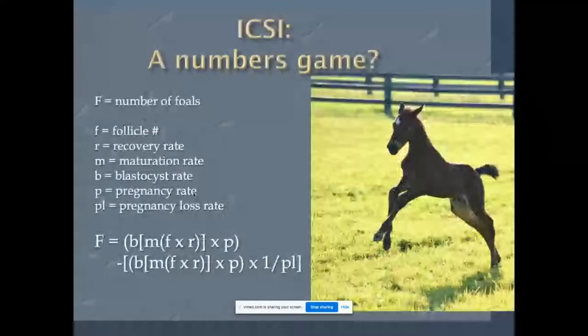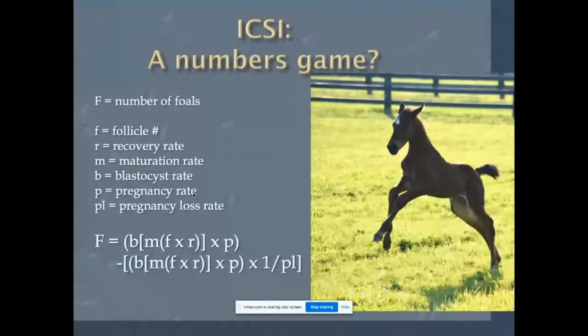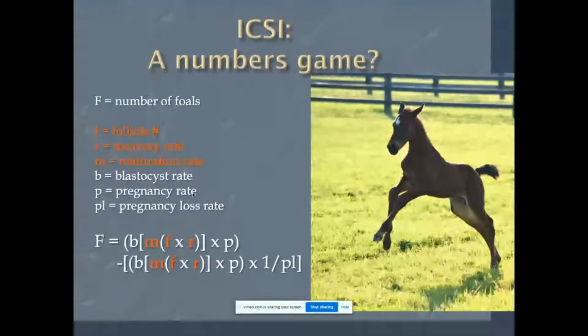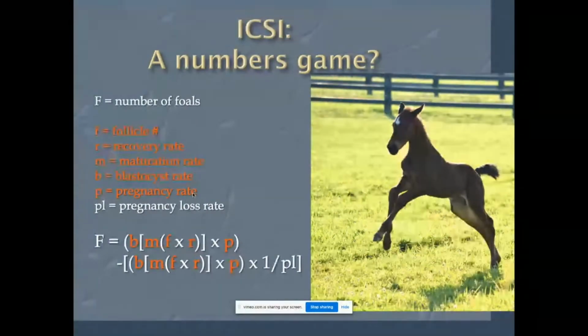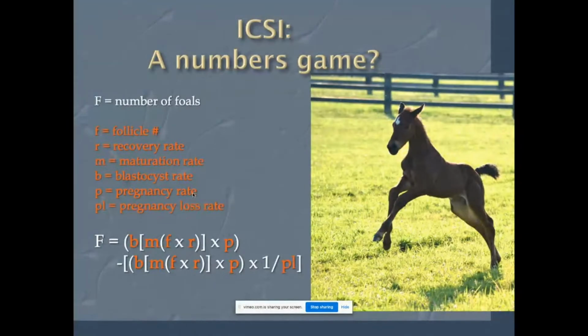So, is ICSI a numbers game? Yes. But let's look at the factors that the mare controls largely. Follicle number, somewhat the recovery rate and the maturation rate. Definitely the blastocyst rate is the big one. There is some difference in pregnancy rates in blastocysts between mares and also in pregnancy loss rate.